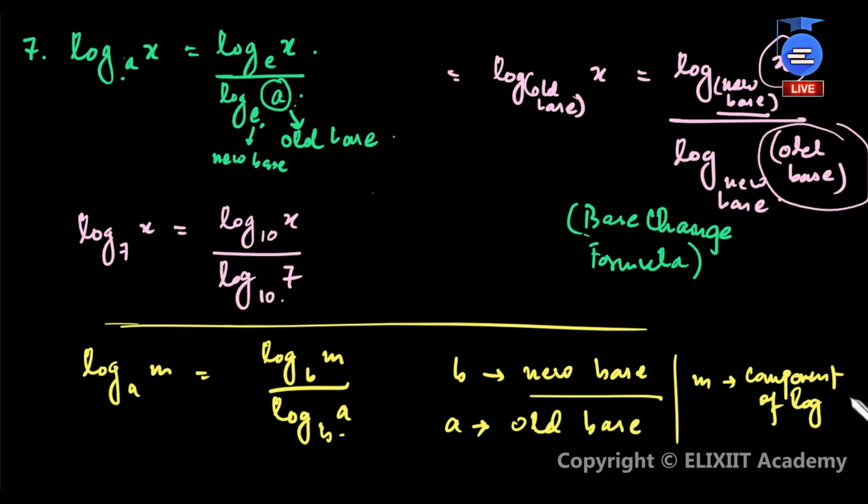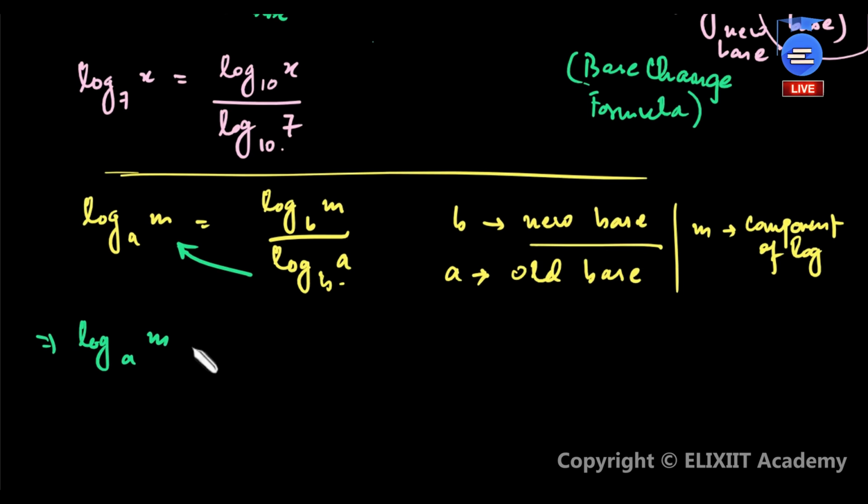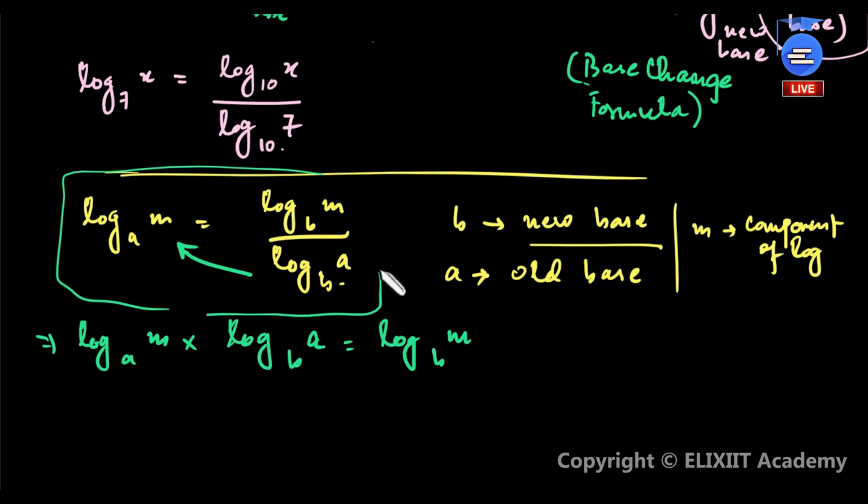In various books, one common result is given: if you cross multiply this, you will get log m base a into log a base b, which is basically log m base b. The logic is the same. You only need to remember the main property; the remaining you can simply cross multiply and find out.